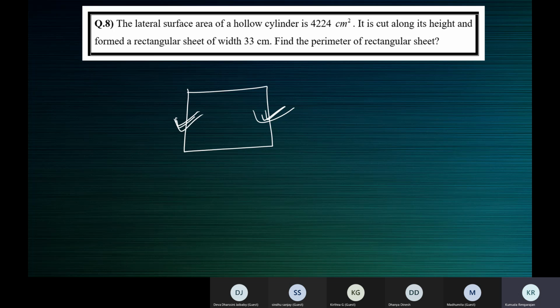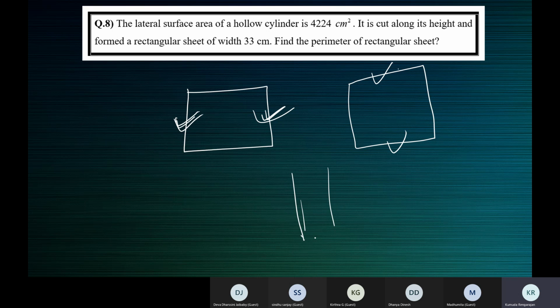So a hollow cylinder is made from a piece of paper. If you roll it and bring the two edges together, you will get a cylinder, but it will be open at both the ends.